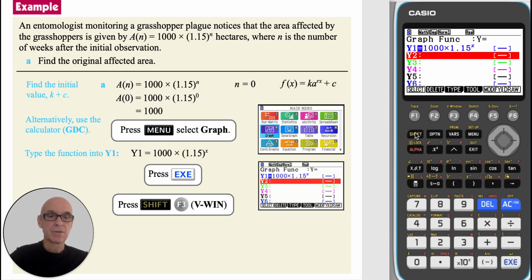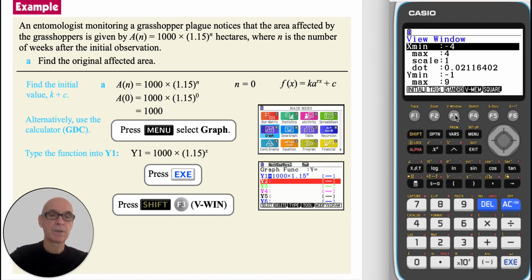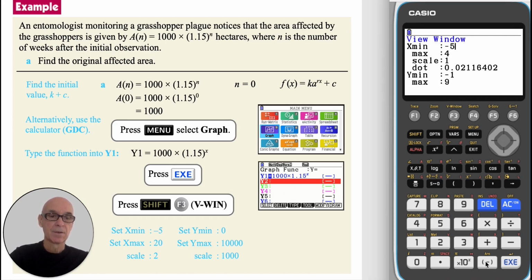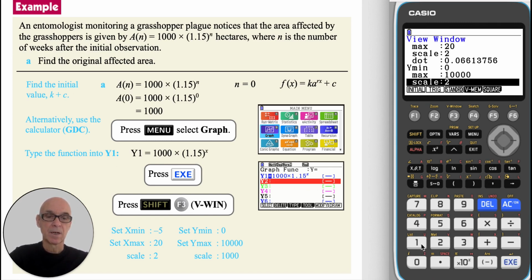and then press Shift F3, that's View Window, to set up a suitable window. For x, I'm going to set -5 for x min, 20 for x max, and 2 for the scale. And for y, I'm going to set 0 for y min, 10,000 for y max, and a scale of 1,000.